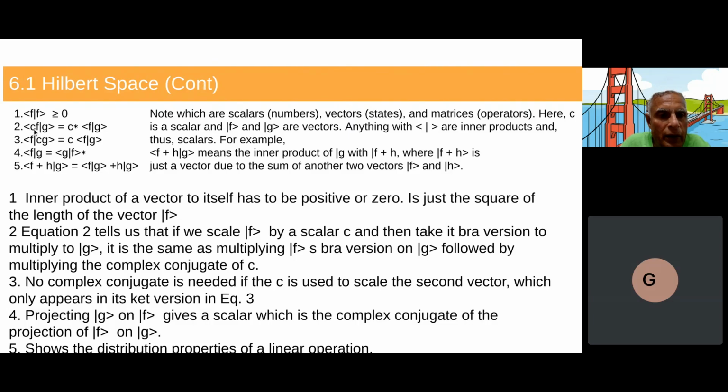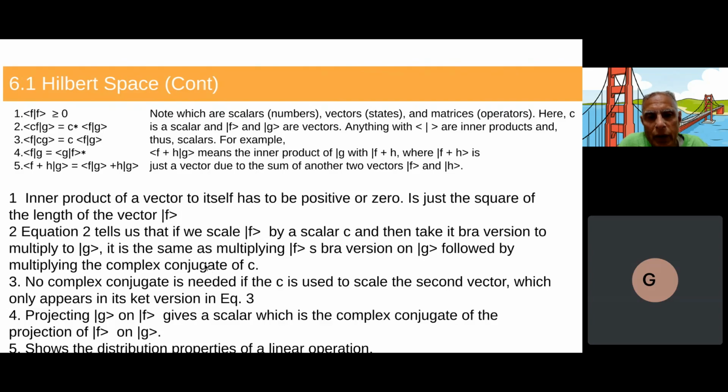So basically, when you take this off from the vector, you have to complex conjugate it. In the same way, if this was already in the bra space and you are taking it off, then it becomes C. So basically, these 2 and 3 are equivalent to saying that you need a complex conjugate or you don't need it, depending on how you are doing it. For example, in 3, we are multiplying F's bra version on G, followed by a complex conjugate.